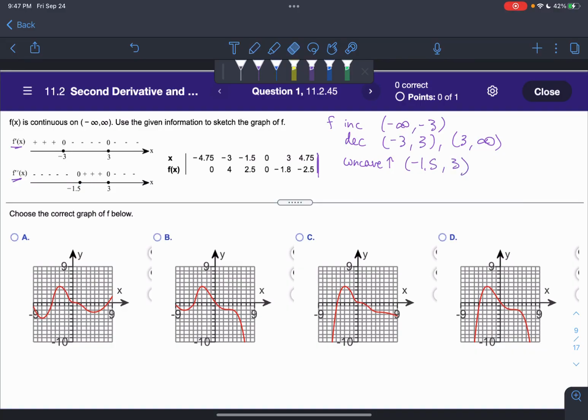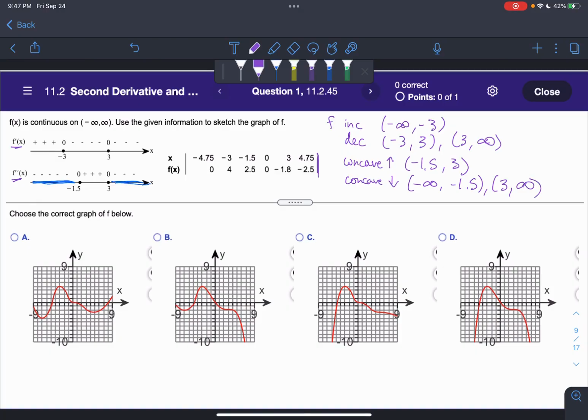Now let's look at when my second derivative is negative. That's these intervals. So my function is concave down when my second derivative is negative. So these form the intervals here. I'm sorry, that should be infinity.